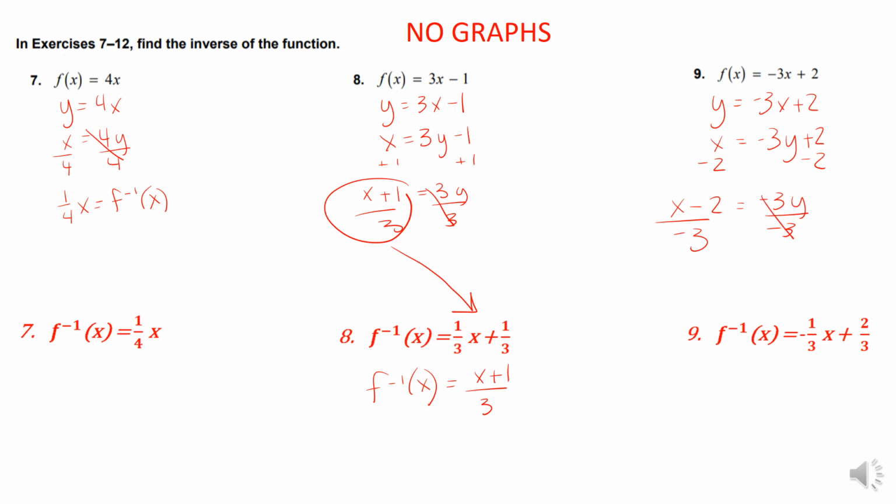And again, they've made it into fraction form. So that's just taking both the x and the negative 2 and putting them over 3. So you get x over negative 3 plus negative 2 over negative 3. And that's how they got the plus 2 over 3 and the negative 1/3 x.